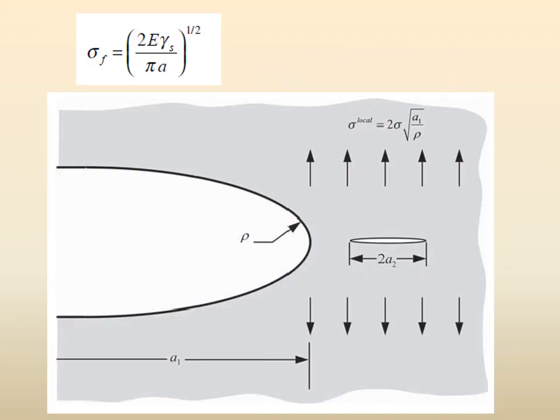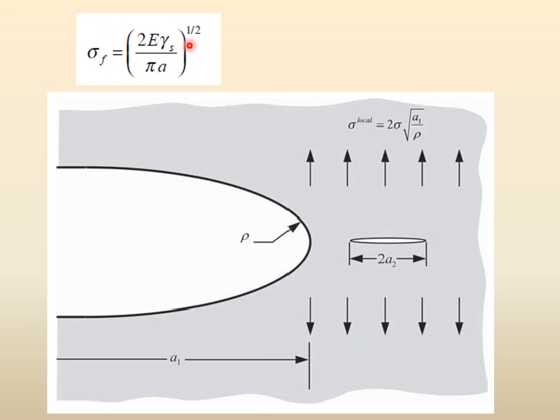So you have hopefully solved it already now, but what I am showing is the equation that Griffith derived, that this is the critical or the failure stress, the square root of 2E gamma S upon pi A, all under root, right?